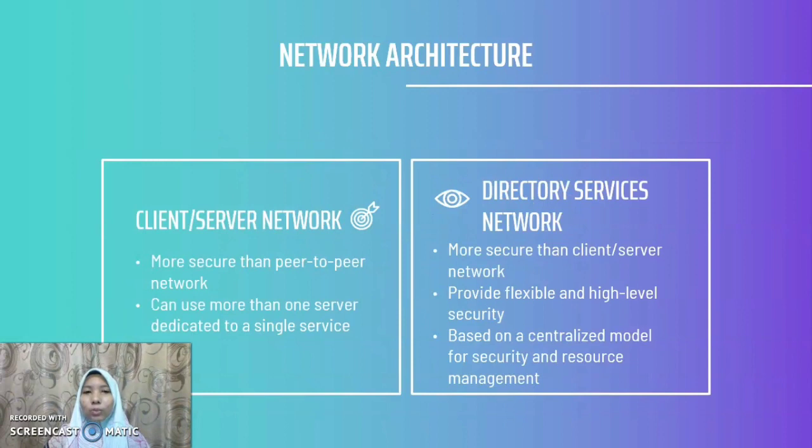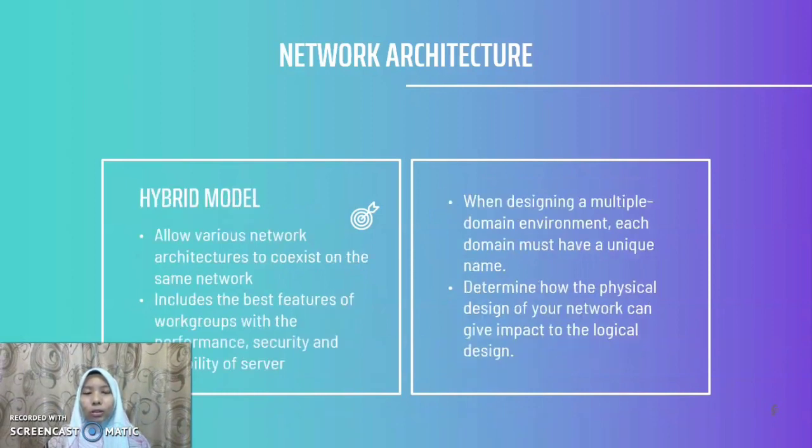For client-server network, it is more secure than peer-to-peer network. Client-server network can use more than one server dedicated to a single service. Directory services network is more secure than client-server network, can provide flexible and high-level security, and is based on a centralized model for security and resource management. Next, the hybrid model allows various network architectures to coexist on the same network.